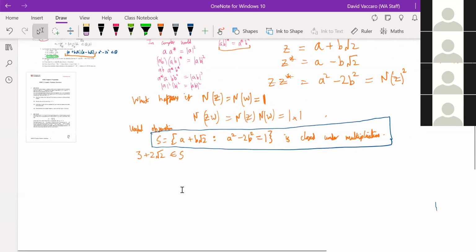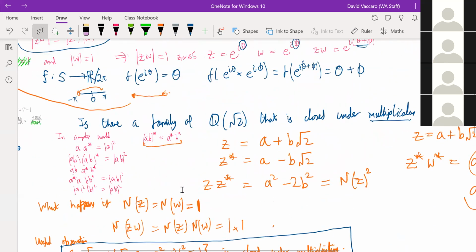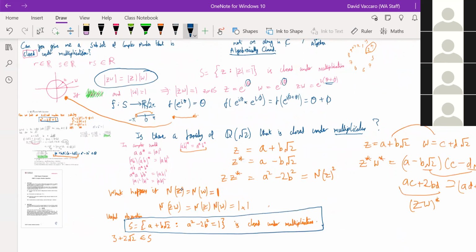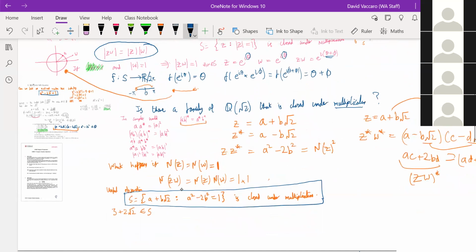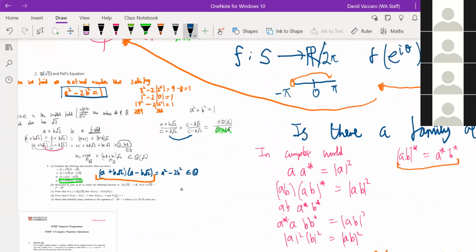So just to recap what I've done before, while you think about that. I've taken insights from the complex numbers, where we found out that complex numbers of modulus 1 were closed under multiplication because the modulus was multiplicative. We then found that the quantity we get when we multiply by the conjugate, in this field Q root 2, is c squared minus 2d squared.